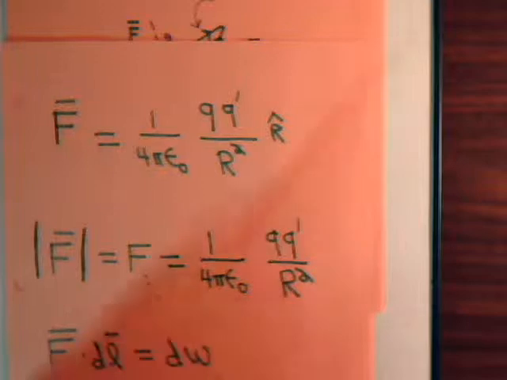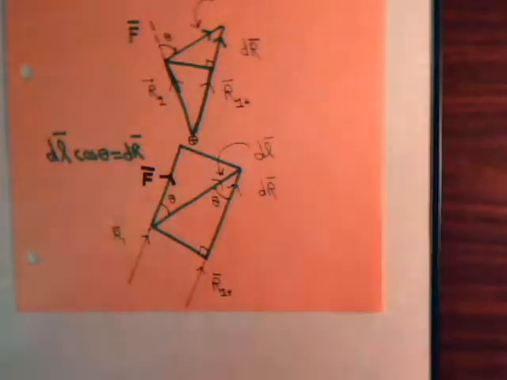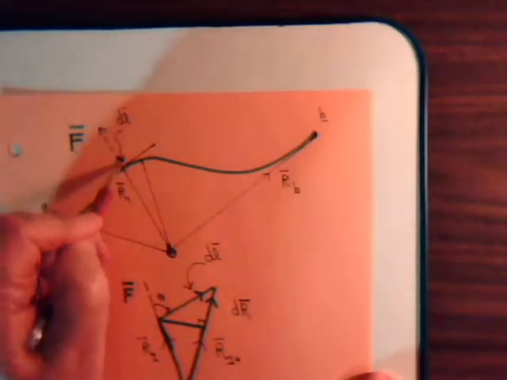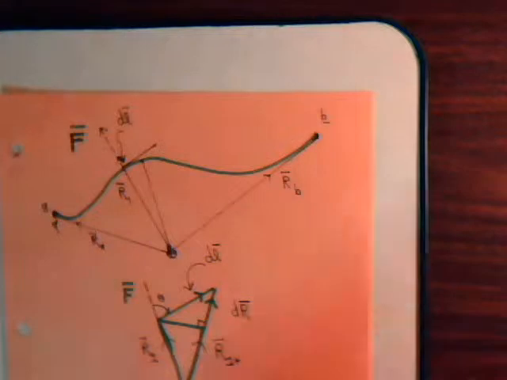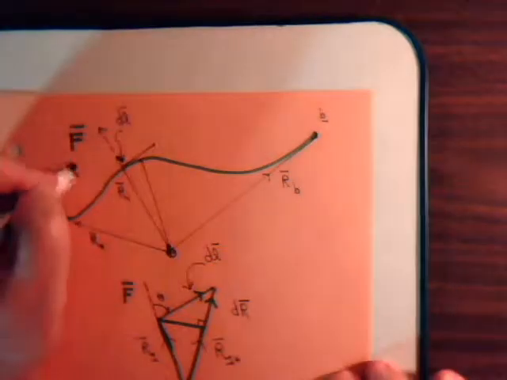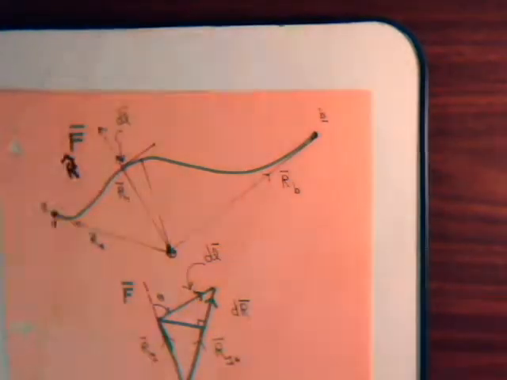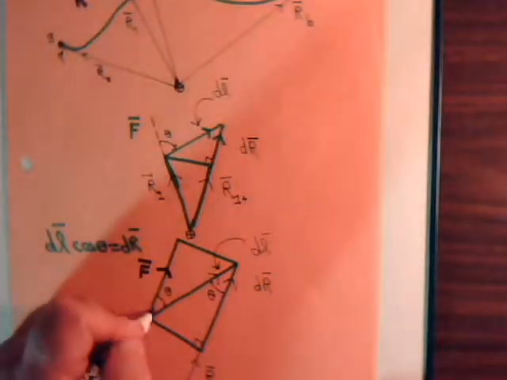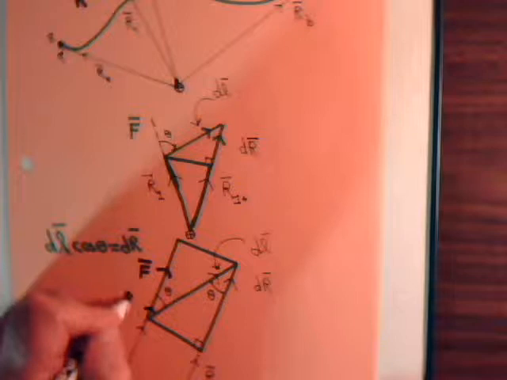And that unit vector would be here. That would be that unit vector r, or getting down to our current diagram of interest, it'd be right here, the unit vector r.